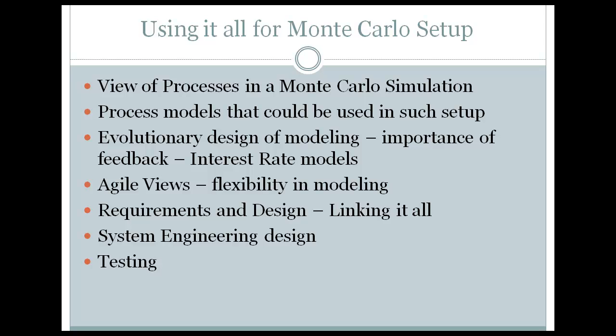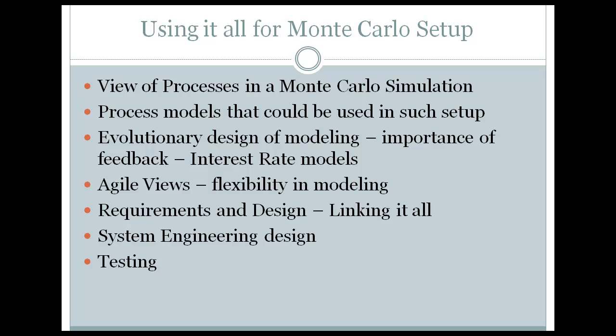So the first step here is to understand the process in Monte Carlo simulation. Then the process models that could do so, a waterfall model or rapid application development, or how we are going to build this up. Then you have the evolutionary design model, the importance of feedback.